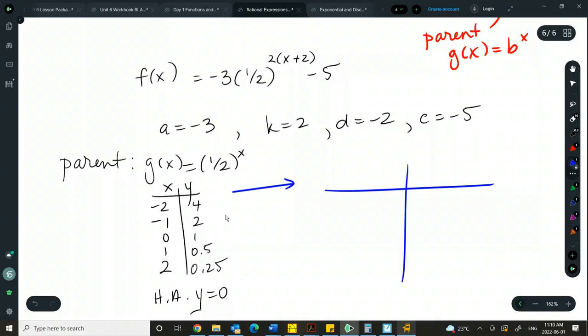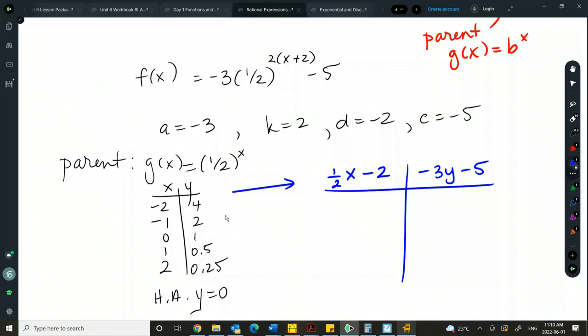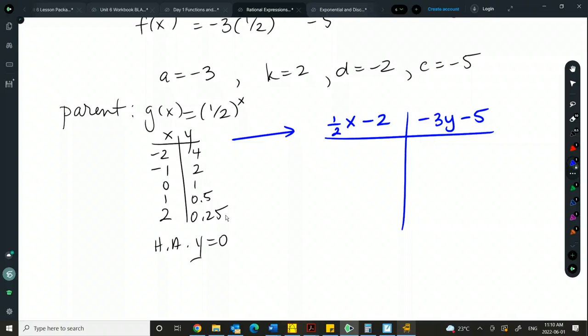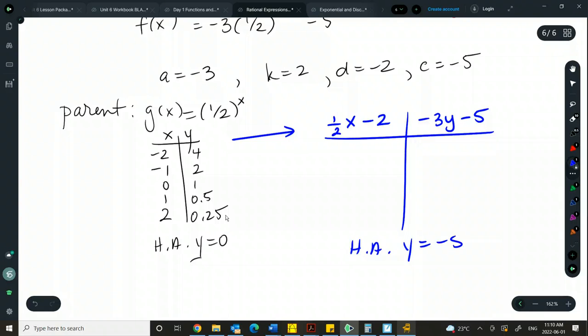And then if I were to set up my equations here, I would do the reciprocal of k plus the d value, so the one that I already switched the sign of above, and then ay plus c or minus c, whatever you have. We would do our points, and we always remember that the horizontal asymptote will shift up and down with our c value. So our new horizontal asymptote for this one, once we do our points, is at -5 because we shift down 5 with the c value.